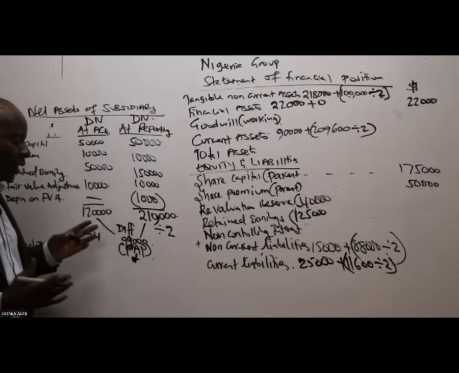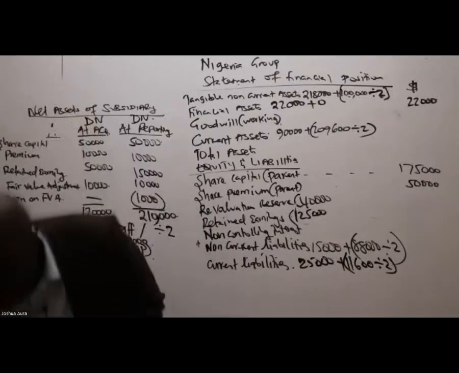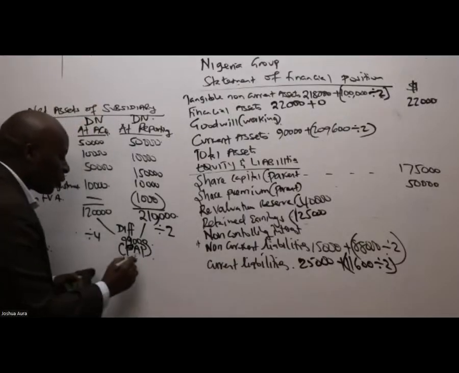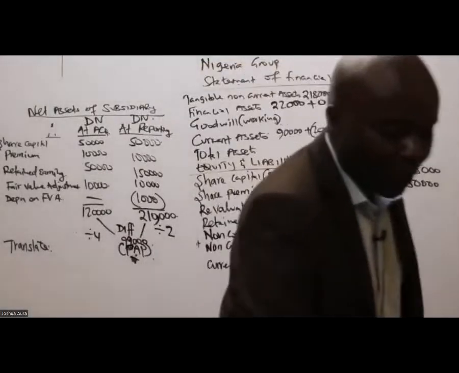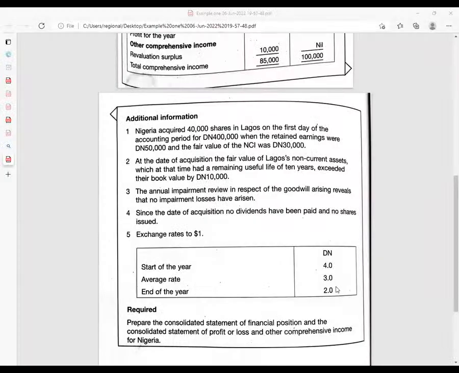So look for the average rate, and then we use it here. Divide this by the average rate. The average rate has been provided. It's 3, like that. So divide this by 3.